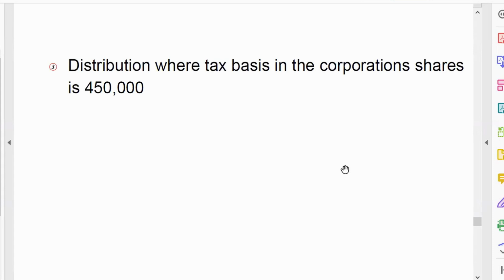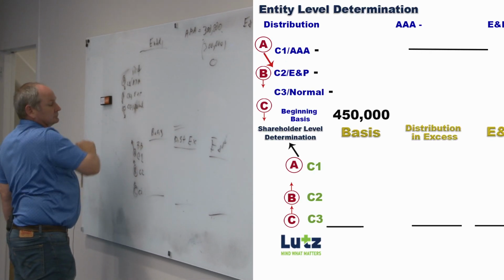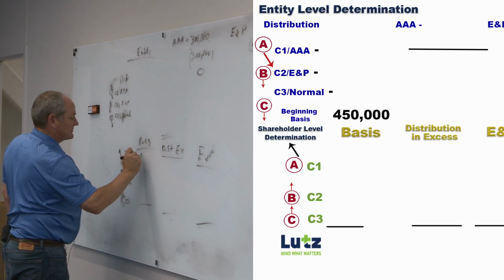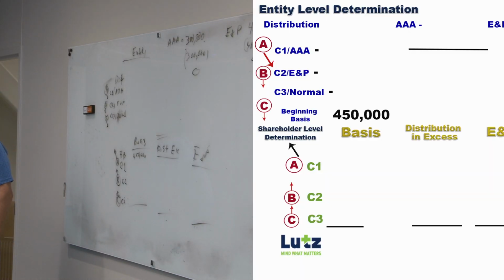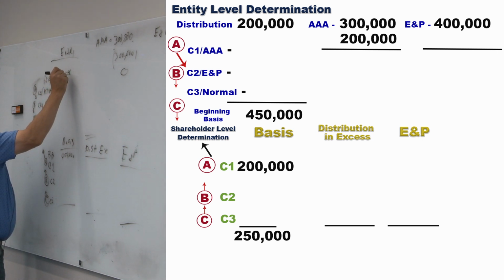Distribution where tax basis is 450. So beginning basis is 450, right? Yeah. And I assume we have the same level of distribution in there, right? What's my first level of distribution? 200. Okay. 200K.